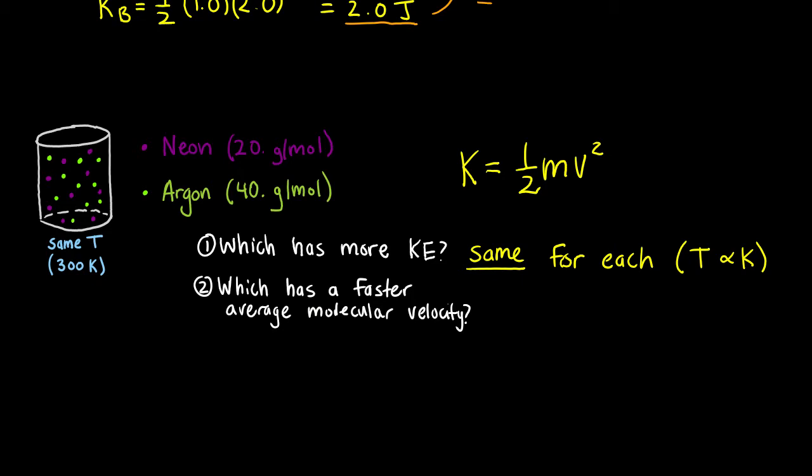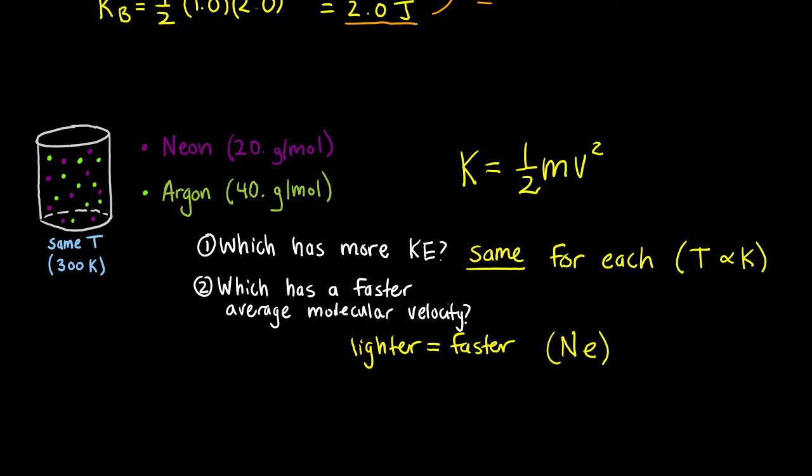Qualitatively, we're going to answer this with lighter equals faster. And because neon has a lighter molar mass, it would actually have a faster average molecular speed or average molecular velocity than argon.